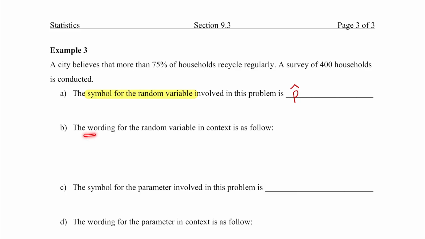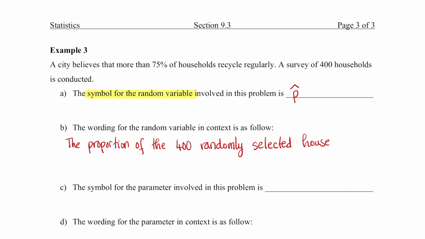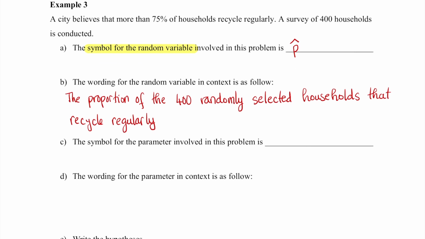Question B is asking for the wording for the random variable in context. P hat is the proportion of the 400 randomly selected households that recycle regularly. Notice that this describes a sample, not the entire city. Question C asks for the symbol for the parameter involved in this problem, that is p.